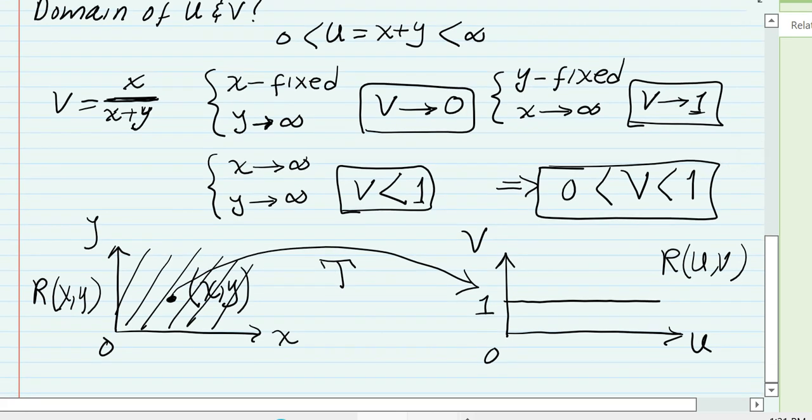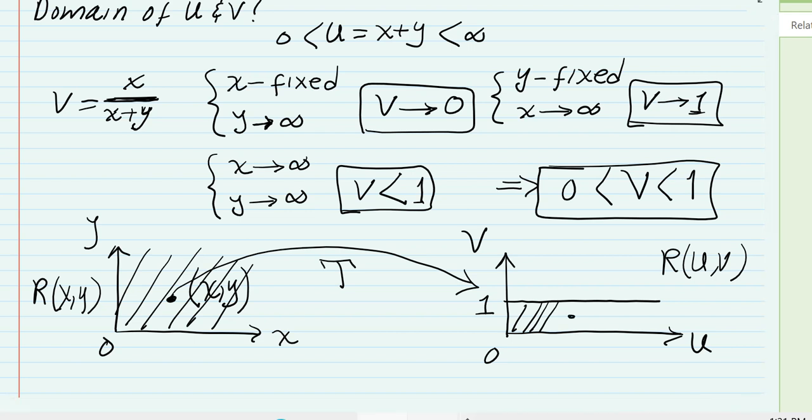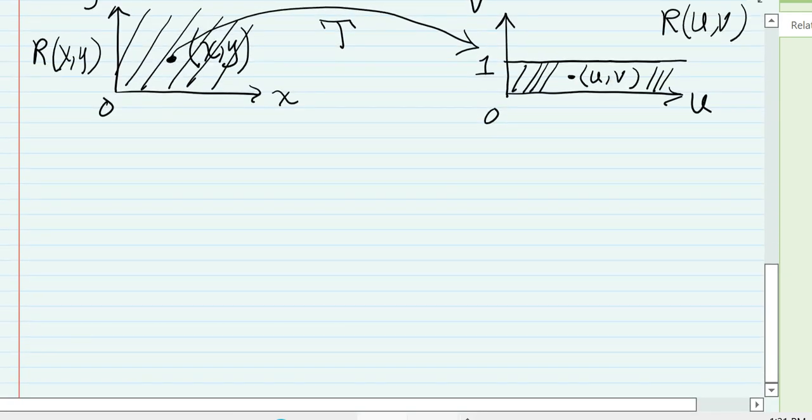So that's going to give us such a region, and that (x, y) now corresponds to a point in uv. So that's what this transformation has done for us. It's good to see the geometry of what just happened. And it is a one-to-one transformation, so we are allowed to move to the next step.